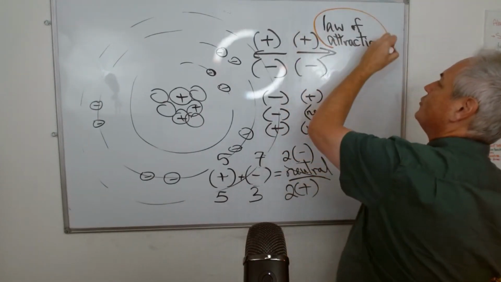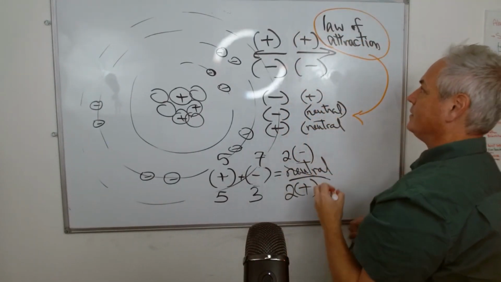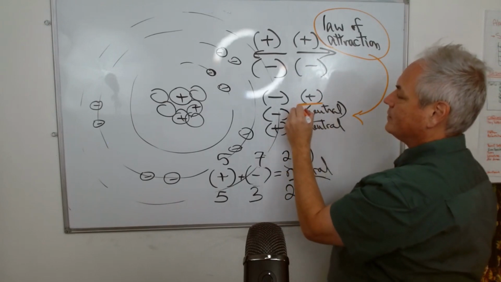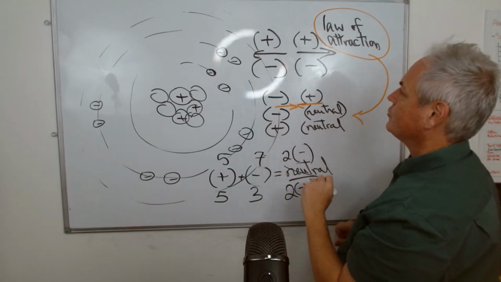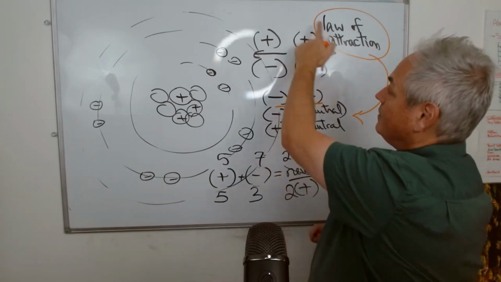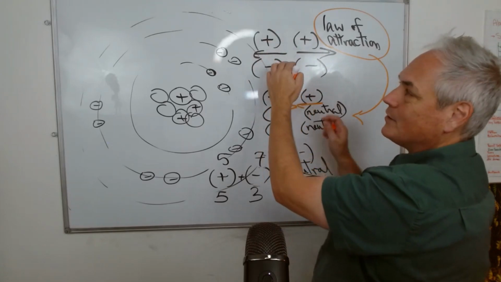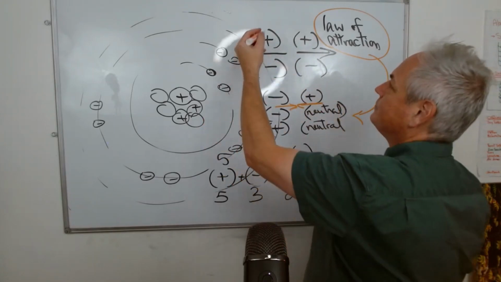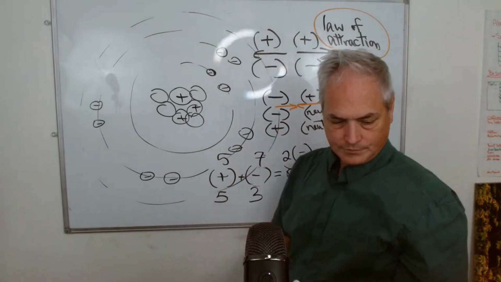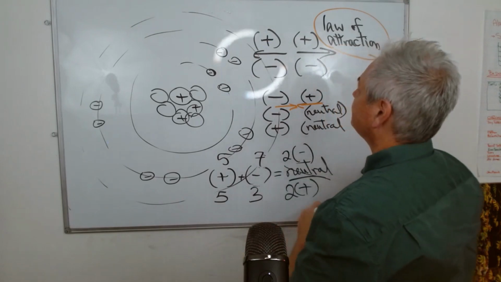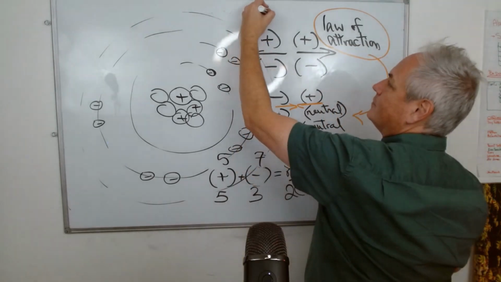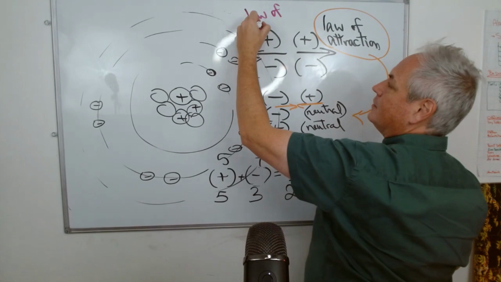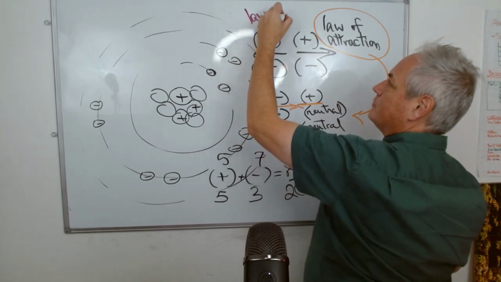So this is what we call the law of attraction down here, because you have opposite charges. So I made a mistake here. What do I have here if we have the same charges that repel each other? It happens. We have the law of repulsion.